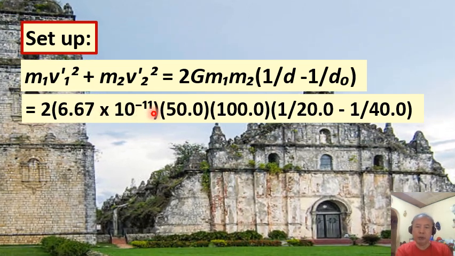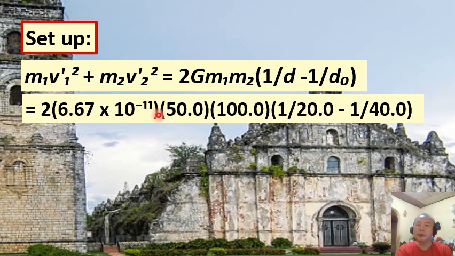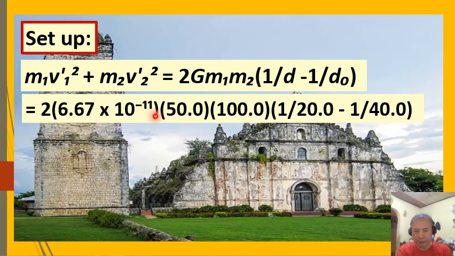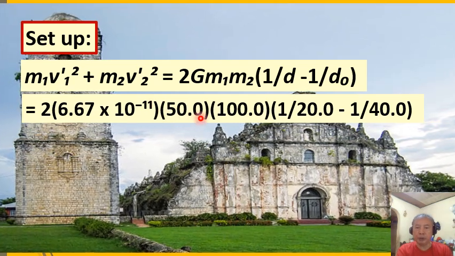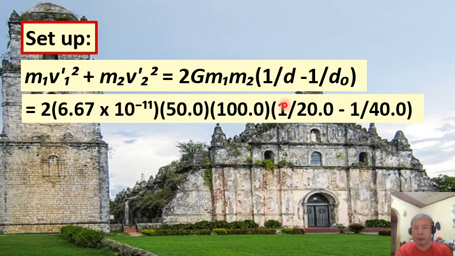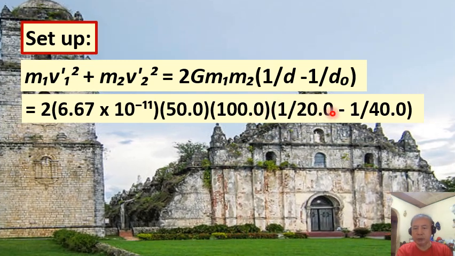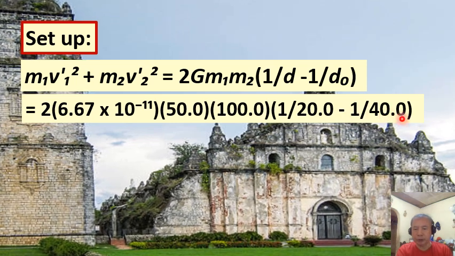We are doing away with the units for the meantime. That will be multiplied also by 50.0 times 100.0, then multiplied by 1 over 20.0 minus 1 over 40.0.